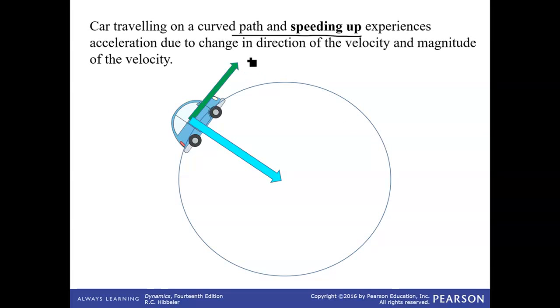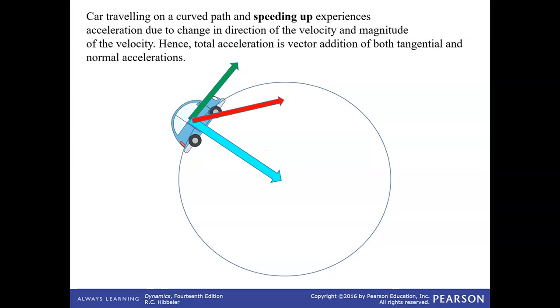So there are two components of acceleration: AT, the tangential component of the acceleration, shown by this arrow at the given instant, and the normal component of the acceleration, given by another arrow, always pointing towards the center. The total acceleration of the car is the vector addition of tangential and normal acceleration, which can be shown graphically by this red arrow here. So A is the total acceleration, AT is the tangential acceleration, and AN is the normal acceleration.